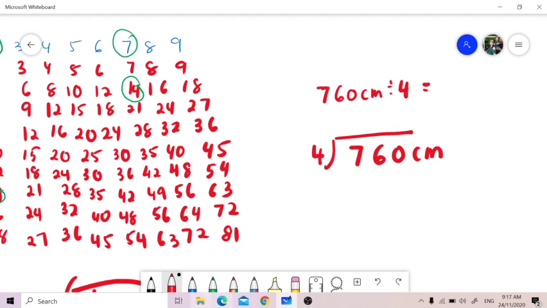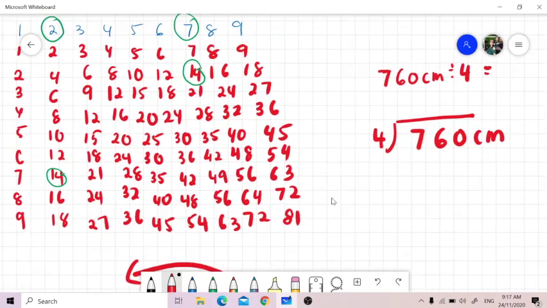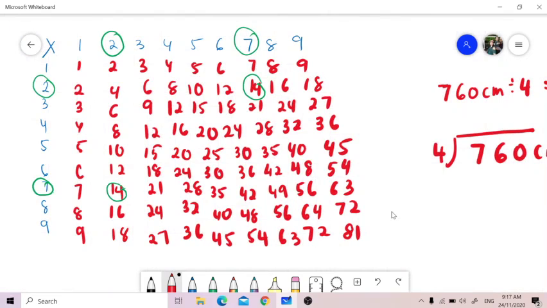Now we're going to see inside. We start with the first digit, 7. Do you find any 7 here? You know you're going to divide by 4, so we concentrate on 4. Do you find any 7 in this line?